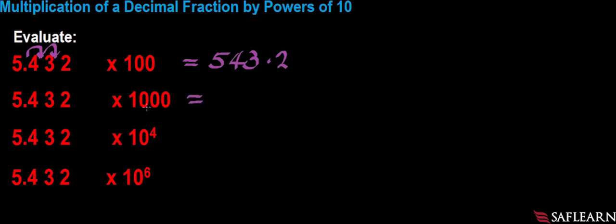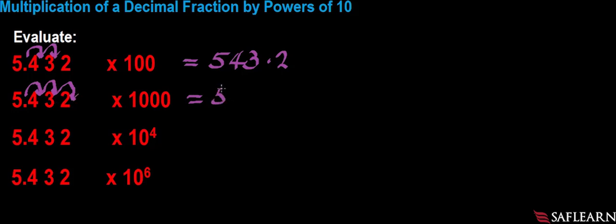Here we're multiplying by 1000. 1000 is the same as 10 raised to power 3, and the number of zeros is 3. So we'll move the decimal point from here 3 spaces to the right. So that would be 1, 2, and 3. That means we'll place a decimal point after 2.